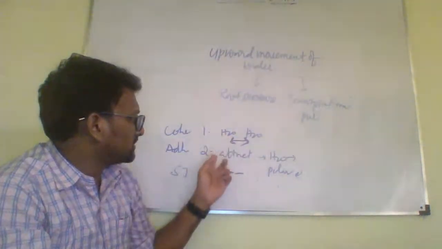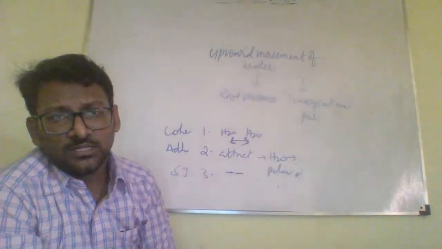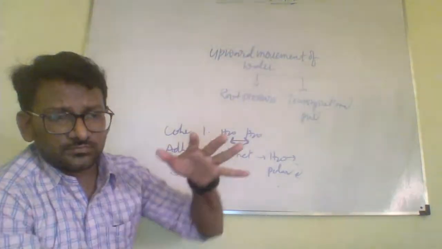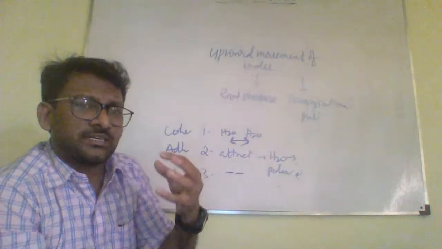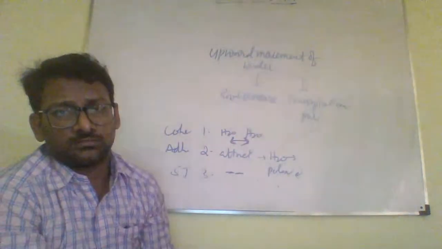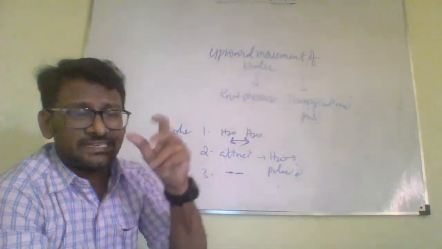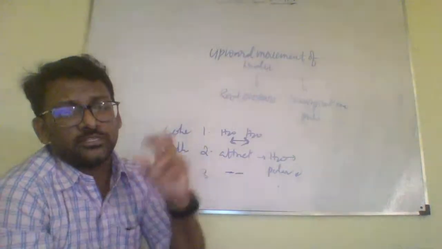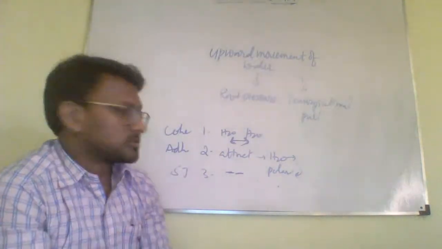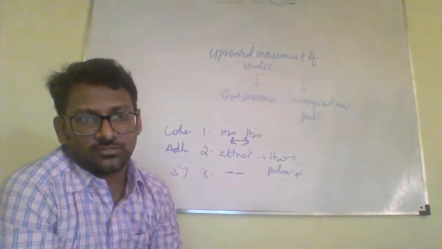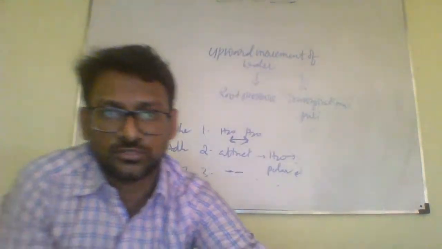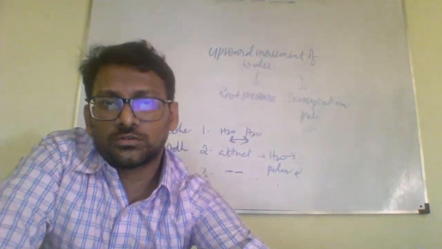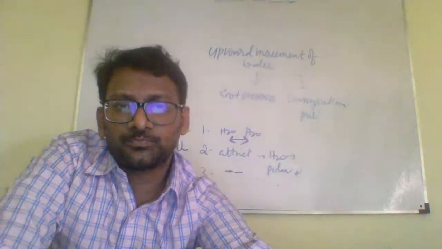So cohesion and adhesion negatively resist the movement of the water, but they would help in filling the gaps during this transpirational pull. So it negatively affects the transpiration actually.